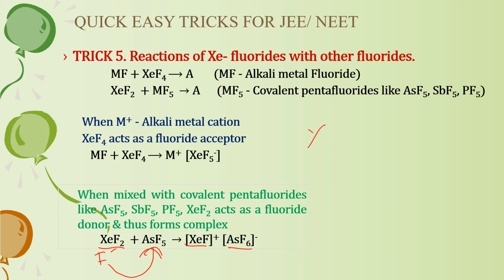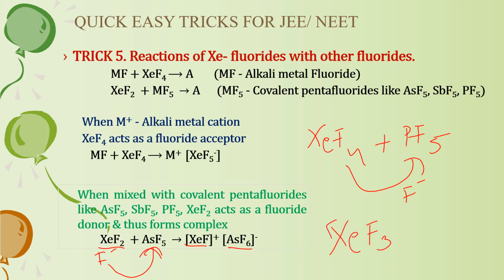Okay, if I have XeF4 now and react this with PF5, what will be the product formed? It will be donating F negative, so what will be left behind is XeF3 positive, and this will be forming PF6 negative.